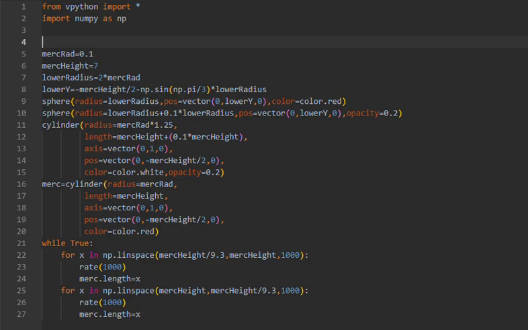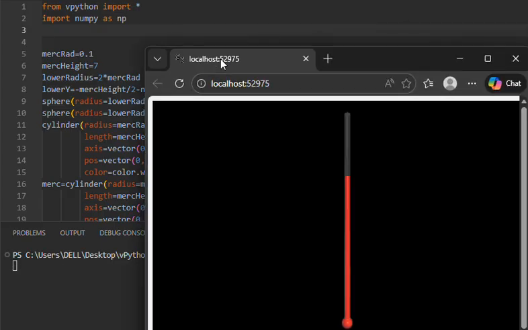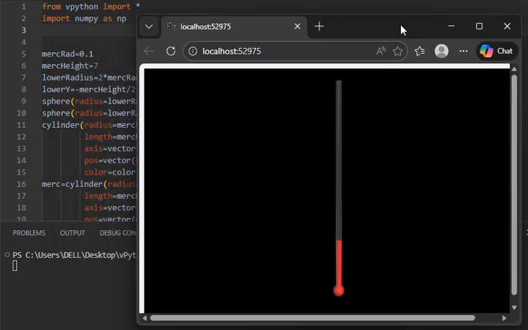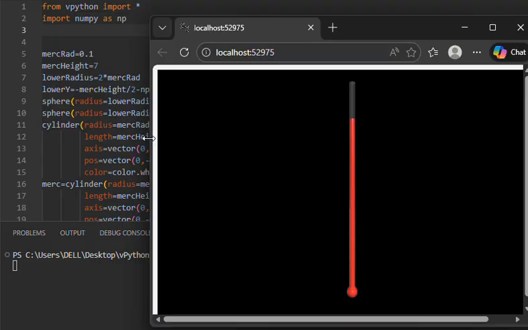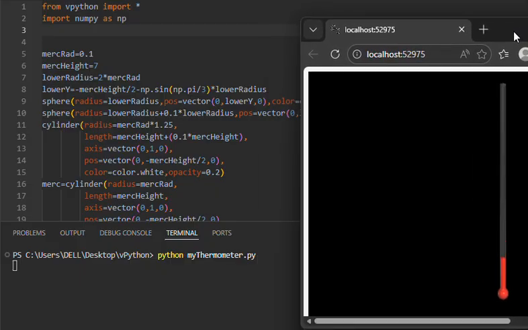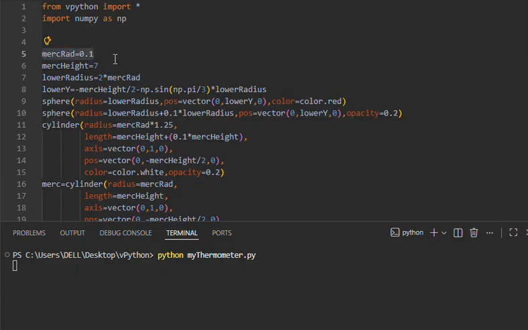Let's go ahead and launch it, and then I'll talk about the specifics of what I sought to accomplish. So it's basically just moving up and down, and the part that I parameterized, as you can see, was the mercury radius and height.